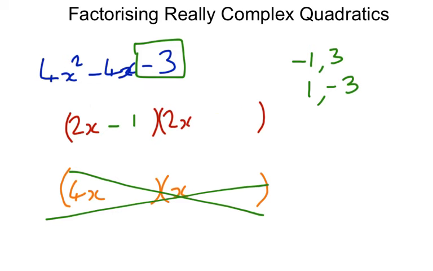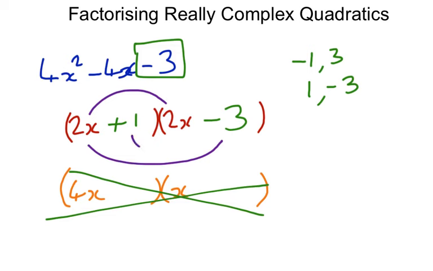So we need to try the other way around, so it's plus 1 and minus 3, and now we get minus 6x plus 2x does indeed give us the minus 4x we need. And just to check, we get 2x times 2x is 4x squared, minus 6x plus 2x is minus 4x, minus 3. So this is indeed the correct factorization for 4x squared minus 4x minus 3.